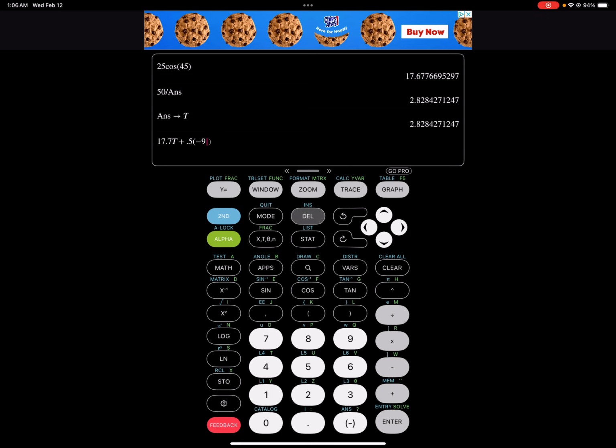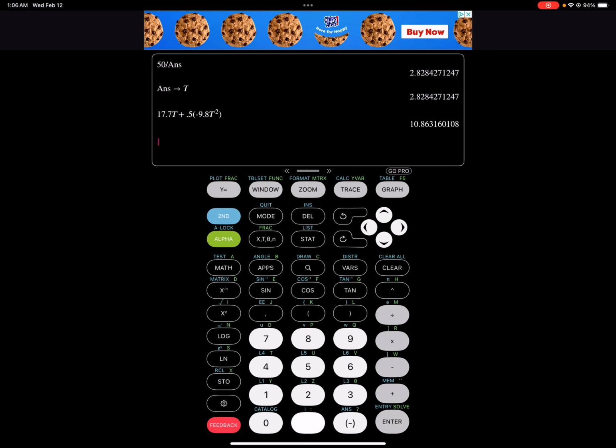Wait a second, I have to put negative. No, there we go. Negative 9.8 times t squared. All right. So here we get 10.86 meters.